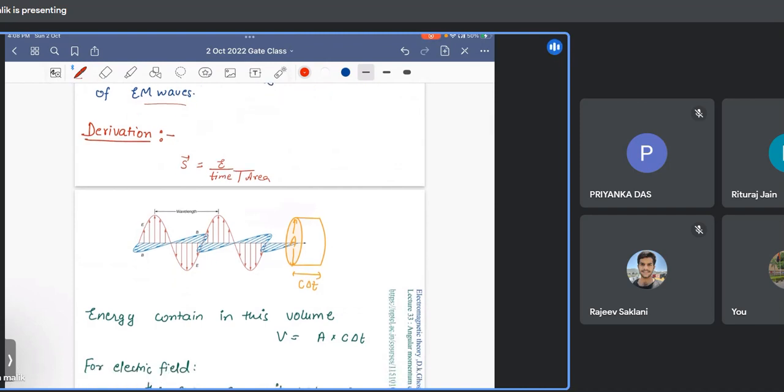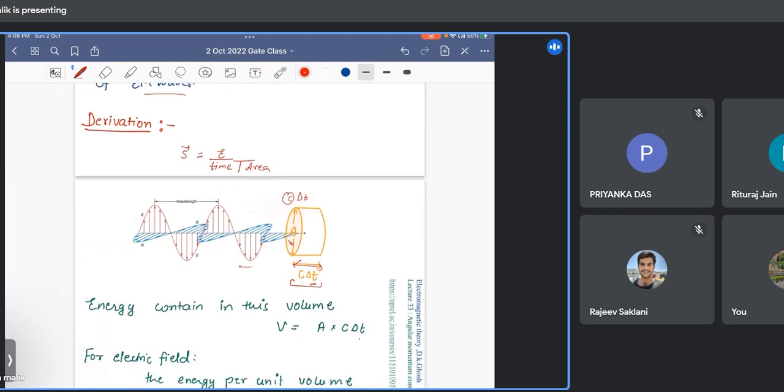So if you have an electromagnetic wave which hits a surface with area A, within time delta t, if its speed is c, it will cover a length c delta t. So you have this length c delta t covered by the electromagnetic wave within time delta t, and this area is A. So the total volume is length times area, and within time delta t, that much volume is covered by the electromagnetic wave.